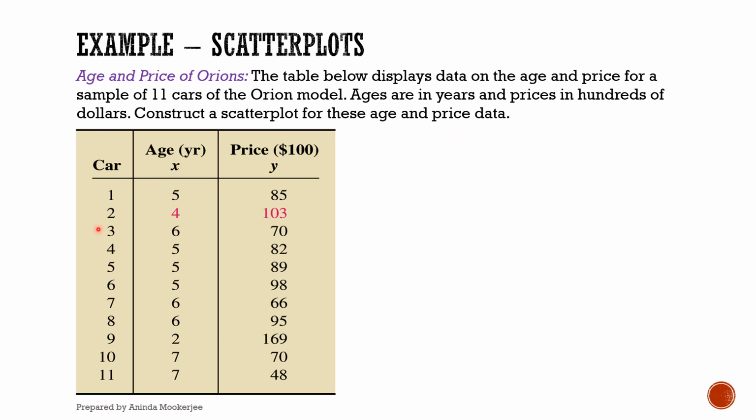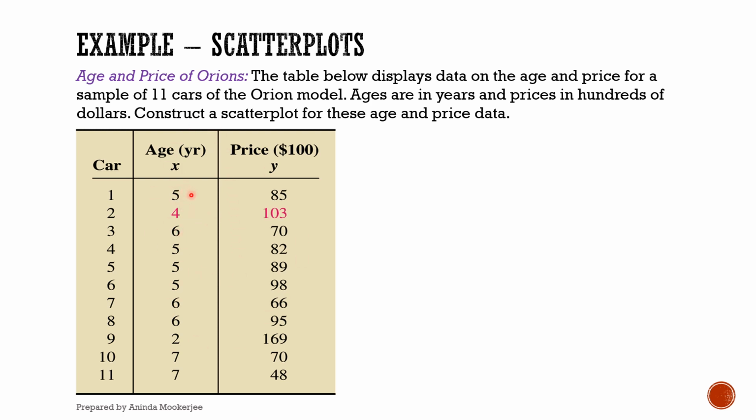So what they've done is, they have taken a sample of 11 Orion cars. They had two questions in their survey, probably. One is, what is the age of the car? And number two is, what was the selling price of that car for that specific age? And this is our raw data.